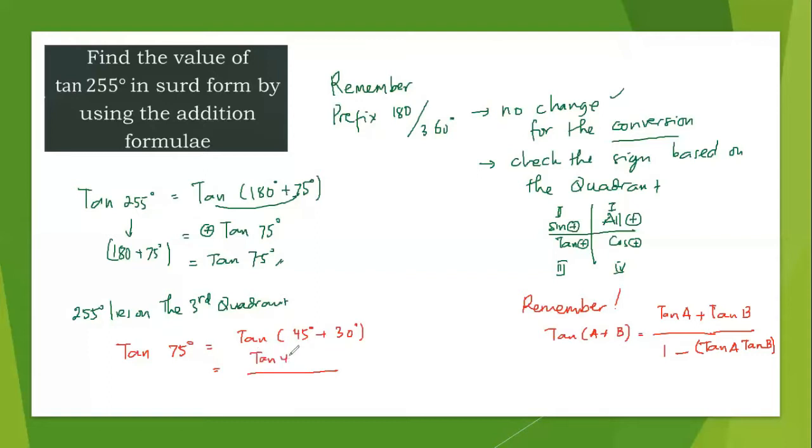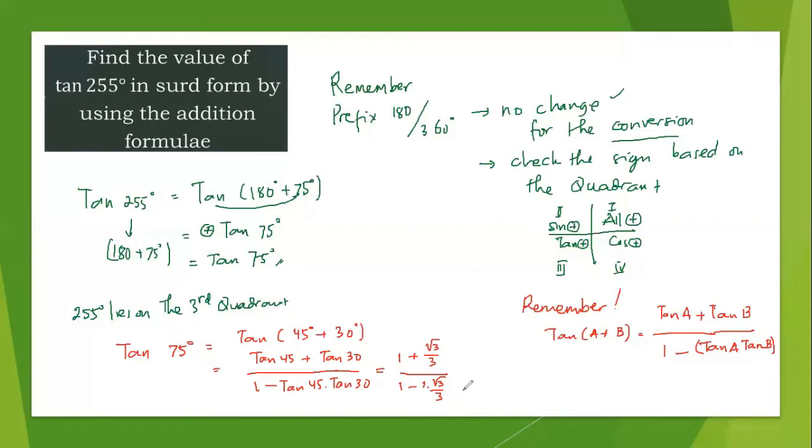Tangent 45 plus tangent 30, over 1 minus tangent 45 times tangent 30. Tangent 45 is 1, tangent 30 is root 3 over 3. So we have 1 plus root 3 over 3, over 1 minus 1 times root 3 over 3. How to simplify this one?